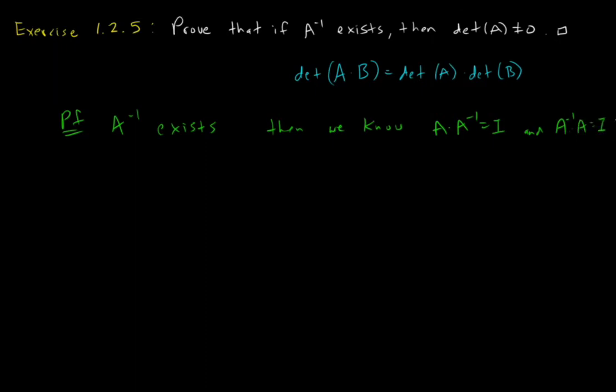For shorthand notation, you might see it like this in a book, like we'll just put them all together. Right, so we're going to use that property. Since the inverse exists, we can assume that this is also true.